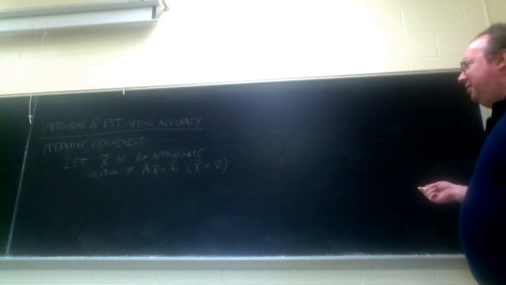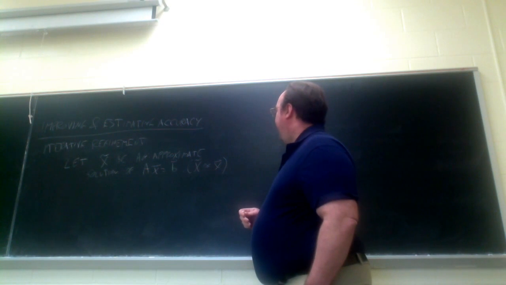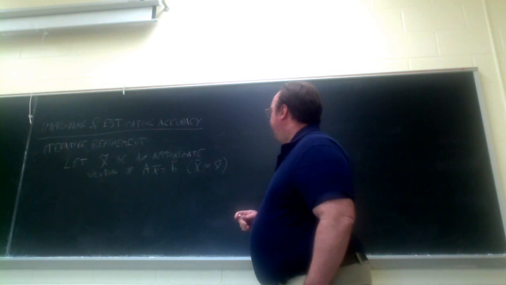Now, we'd love to know what the error is, but of course we can't. If we could get the true error, then we could just add that and get the exact solution. But here's what we can get.